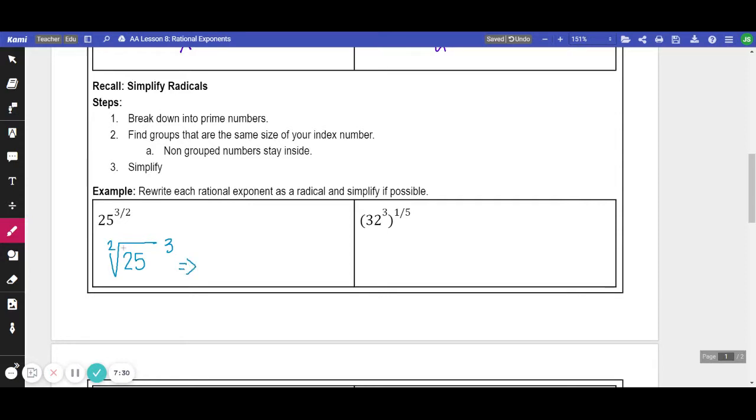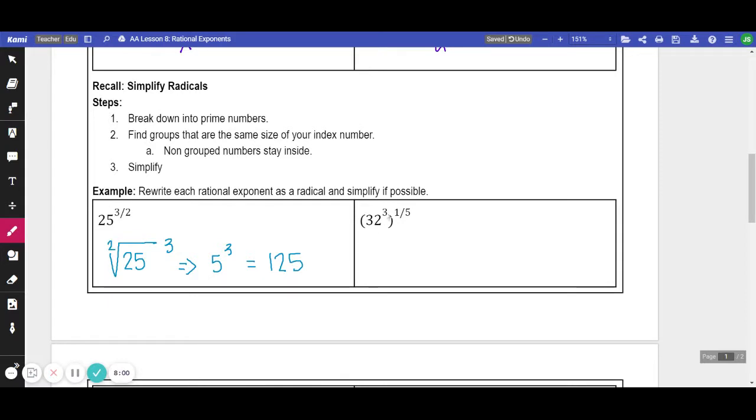I do, however, know that the square root of 25 is 5. So you can do either first, the exponent first or the root first. I'm going to do the root because I can do mental math then. Square root of 25 is 5. And then I'm going to do the power. 5 to the third is 125. Okay, so convert it first and then see if you can simplify.